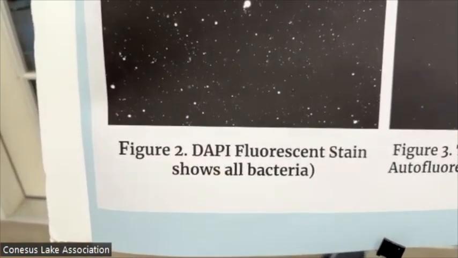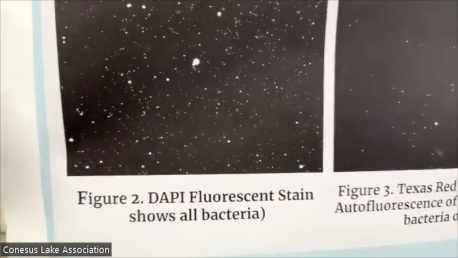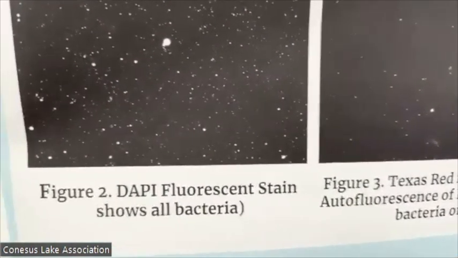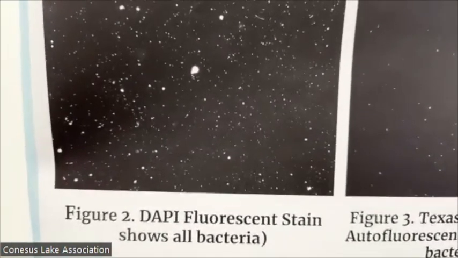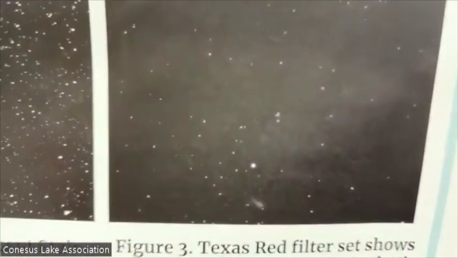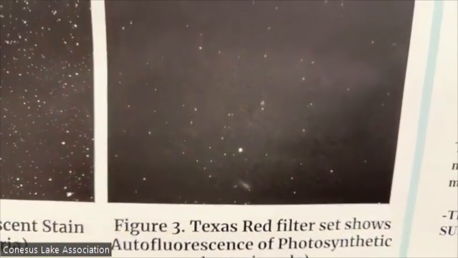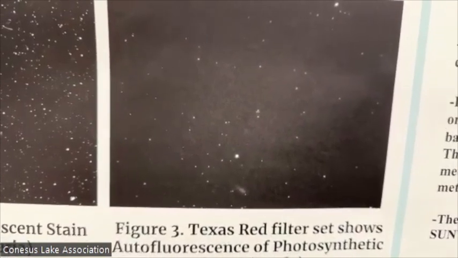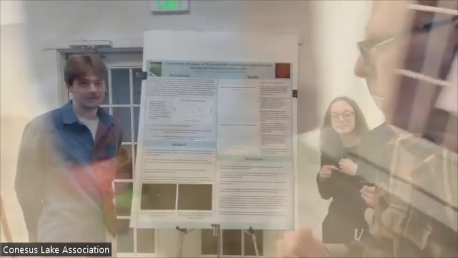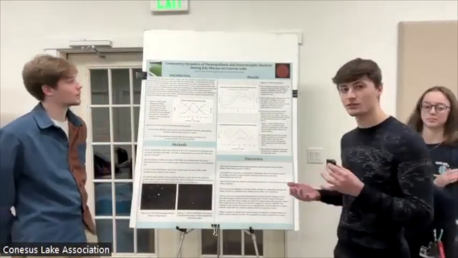They were all stained, but this filter set under the microscope shows all of the bacteria, whereas the other filter set only shows us the photosynthetic bacteria. So you can see that there's a great number less of photosynthetic bacteria than heterotrophic. Thank you. Yes.